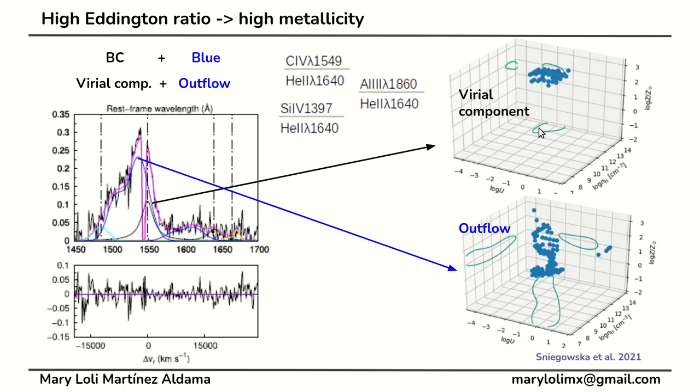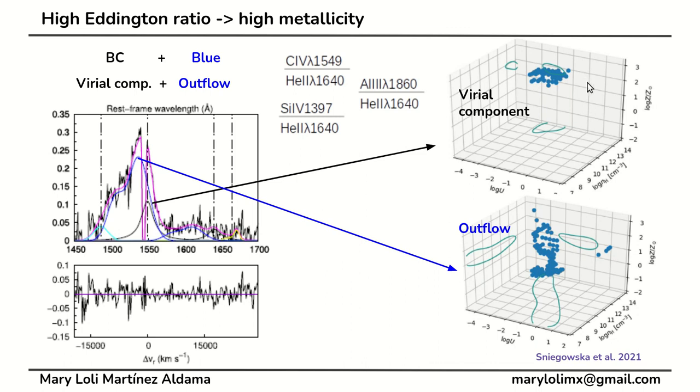parameters. However, in the case of the outflows, we are not constraining the properties very well, so the properties can be found here and here. The most important result of this is that the gas of the outflows and the gas of the virial components have different chemical compositions.